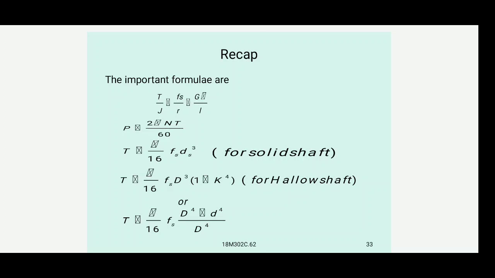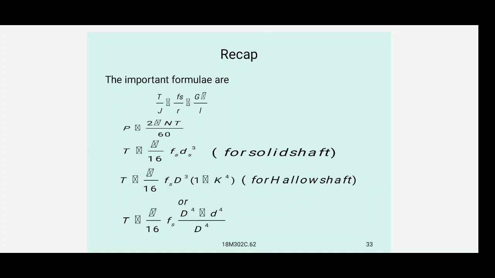Recap. The important formulas are T by J is equal to Fs by R is equal to G theta by L. P is equal to 2 pi nT by 60. Torque T is equal to 5 by 16 into Fs into d to the power of 3.